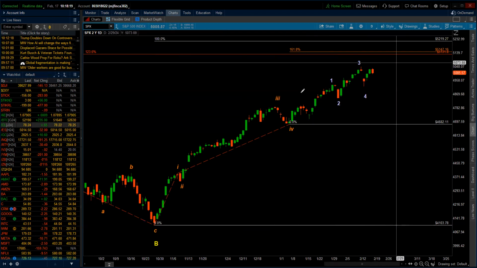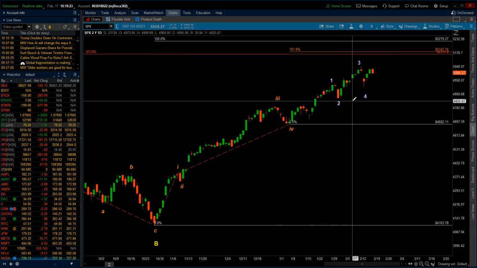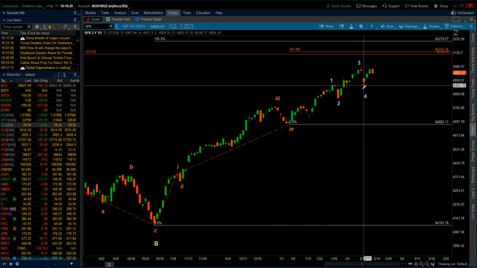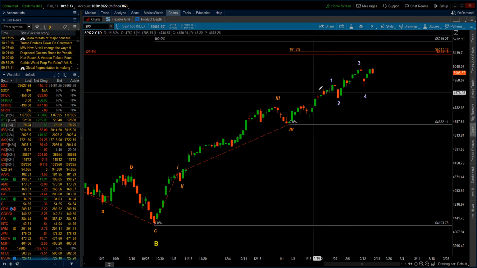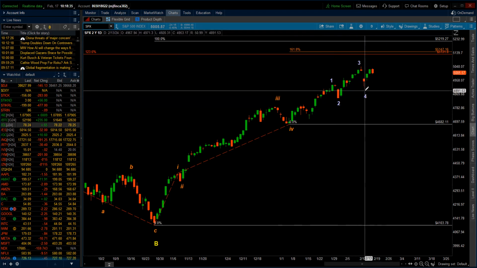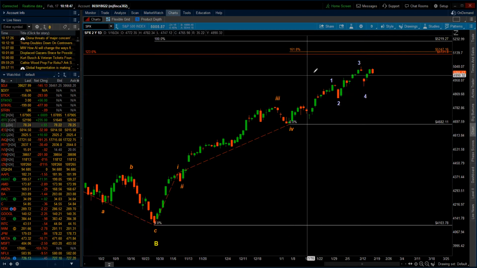But within a diagonal, it has been documented that most often the third wave ends up being the shortest wave. And wave 4 overlaps wave 1. So two things that happen within a triangle that can present a lot of confusion to other Elliotticians. But these are just things that happen within this triangle pattern because it is wedging.